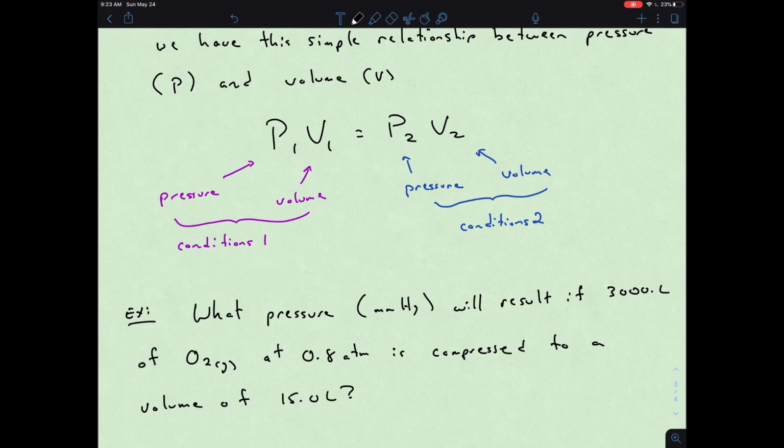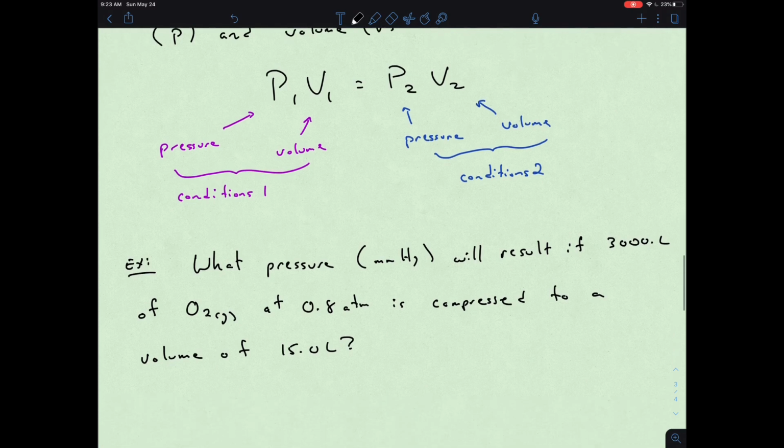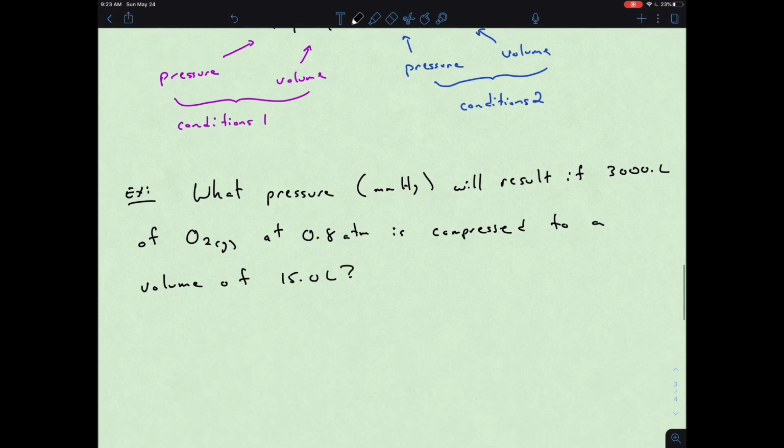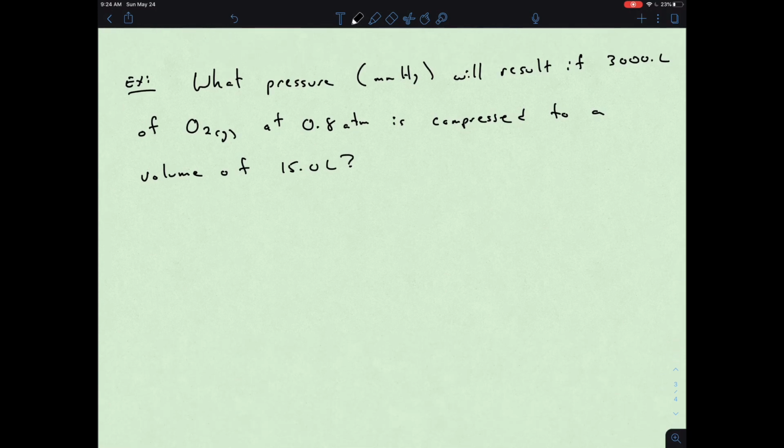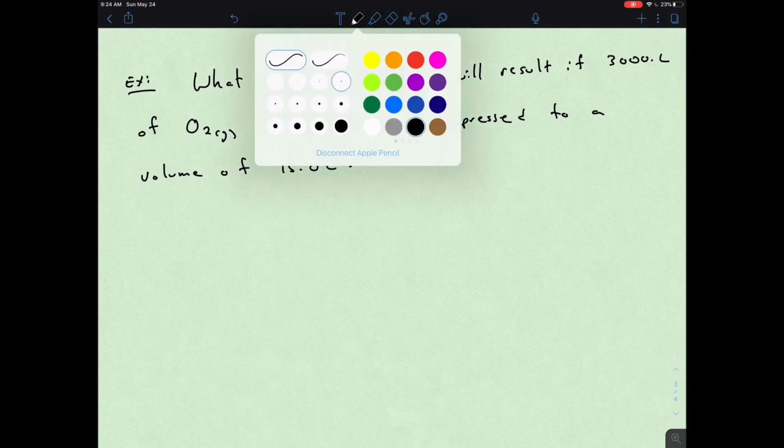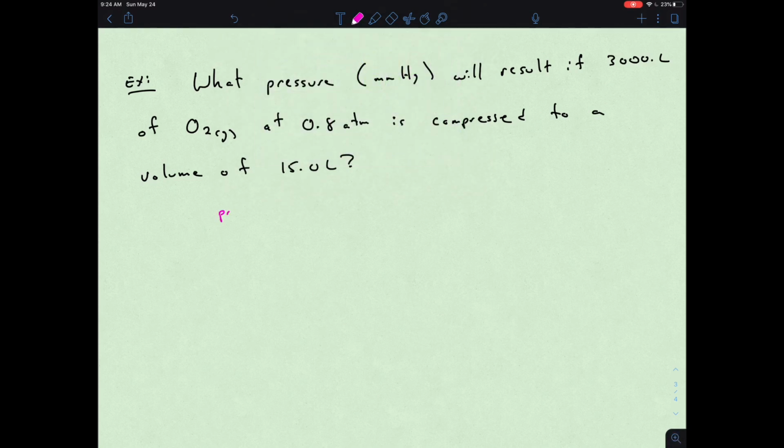So our question is thus: what is the pressure that will result if 3,000 liters of oxygen gas at 0.8 atmospheres is compressed to a volume of 15.0 liters? Now, as far as a prediction, we would expect the pressure to increase, right?